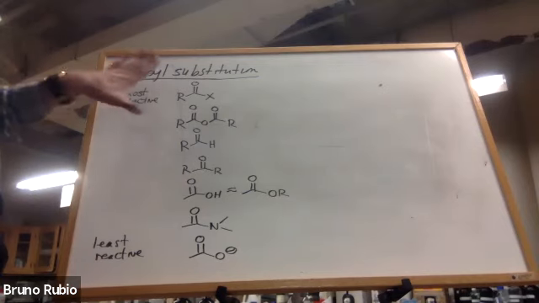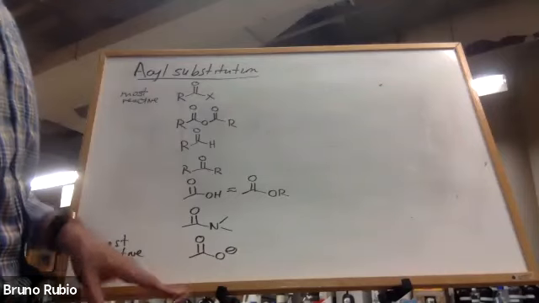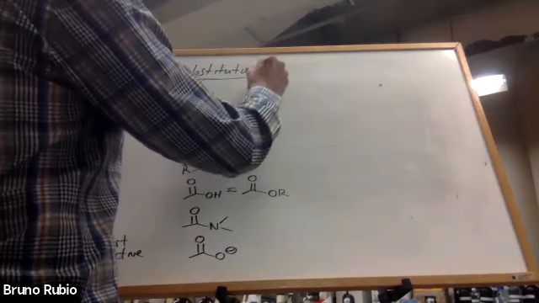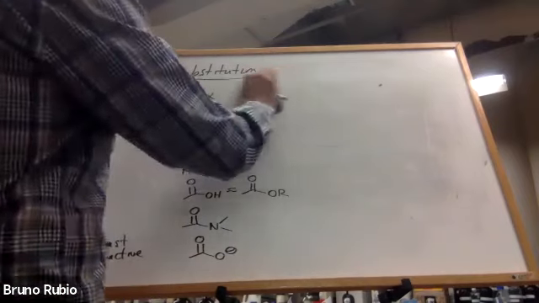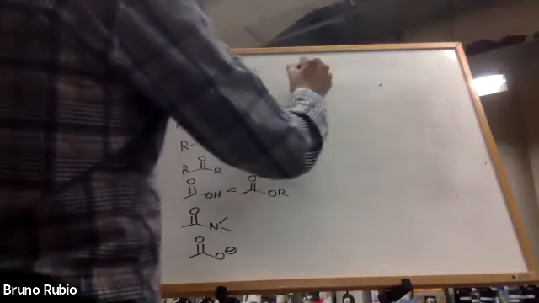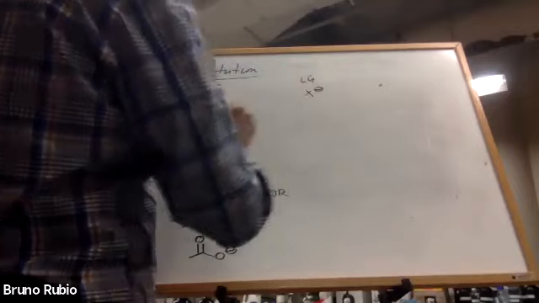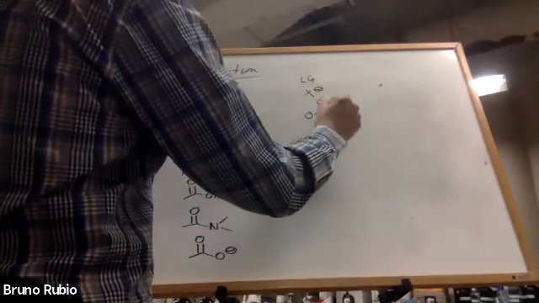Okay, and so now what is the explanation for this reactivity order? The explanation is the leaving group. Oh, I better give myself more room than that. The leaving group here is X minus. The leaving group here is carboxylate.